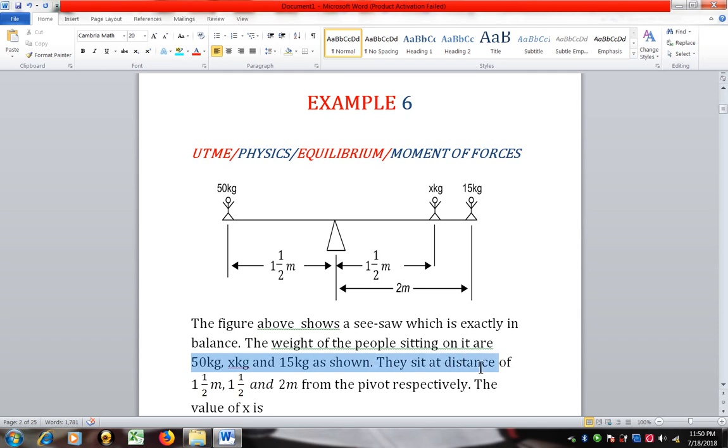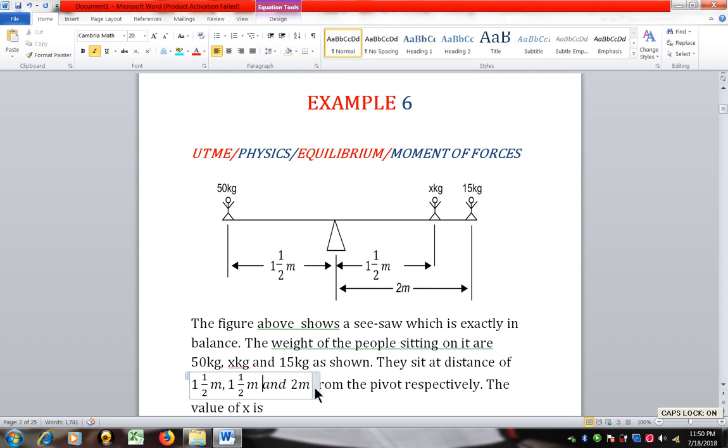They sit at a distance of 1.5 meter, 1.5 meter again, and 2 meter from the pivot respectively. What is the value of X?